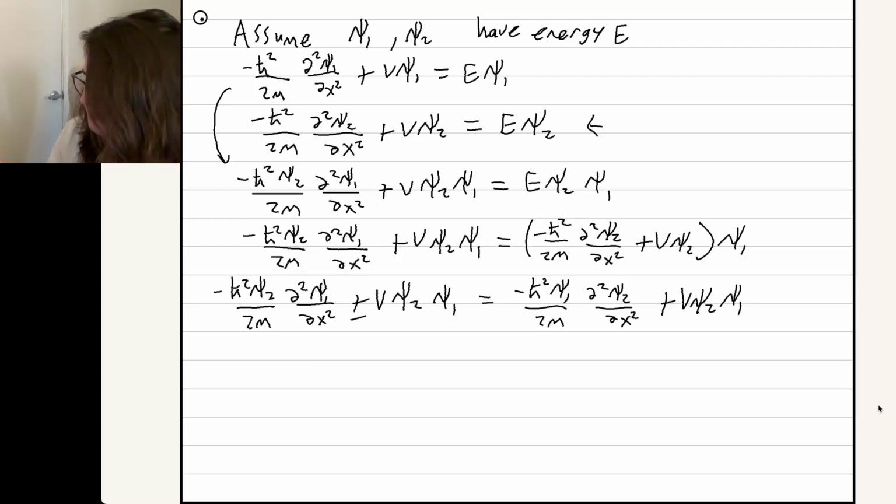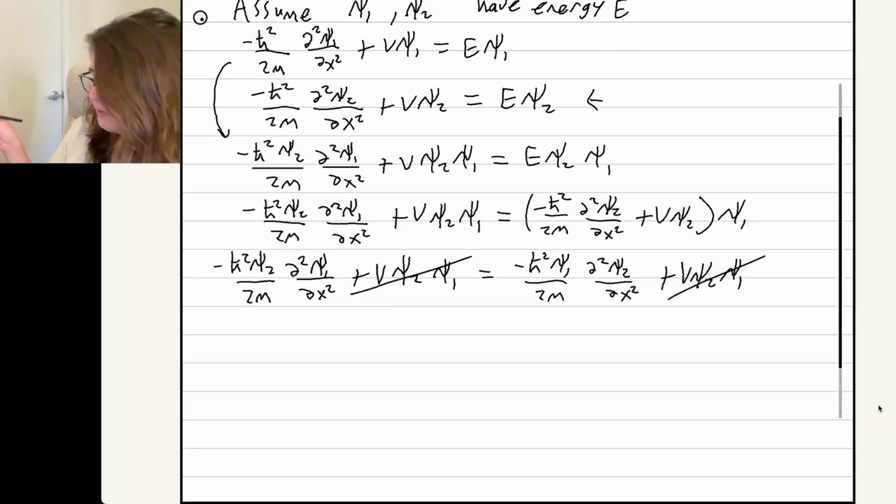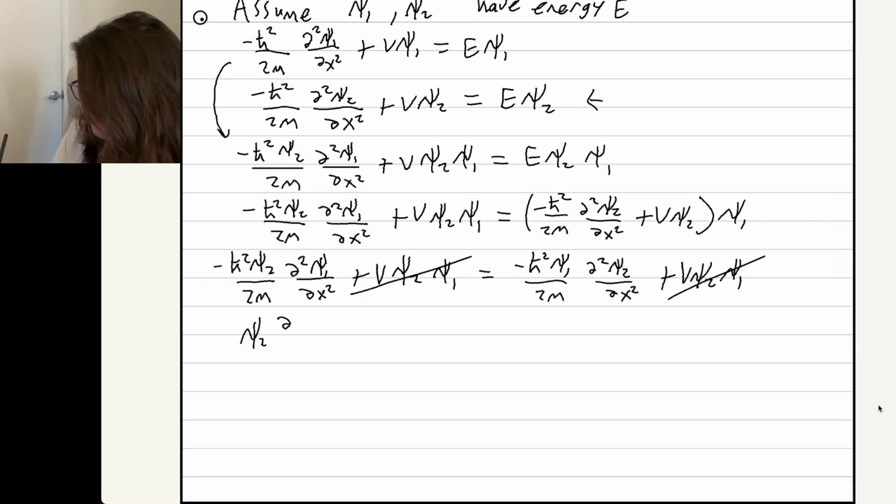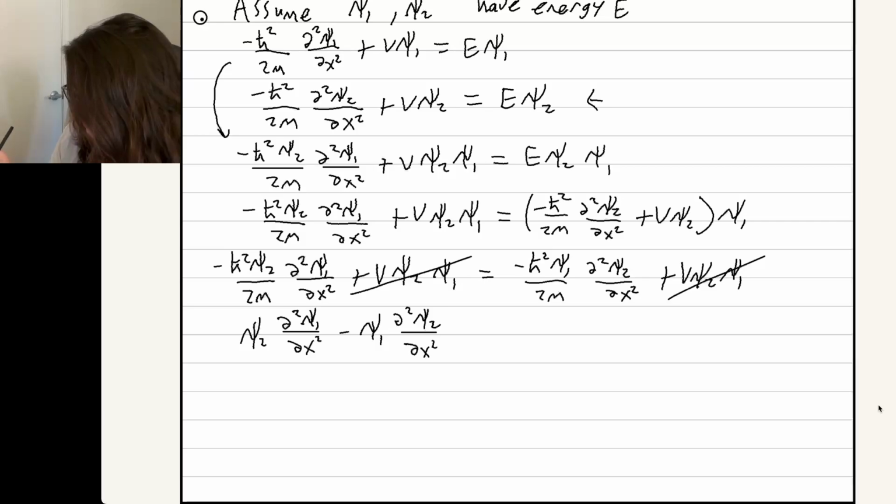And then you see that the potential term gets canceled out, right? And we can also get rid of the h bar squared over 2m nonsense. And what we're left with is psi2 d squared psi1 dx squared minus psi1 d squared psi2 dx squared is equal to 0.